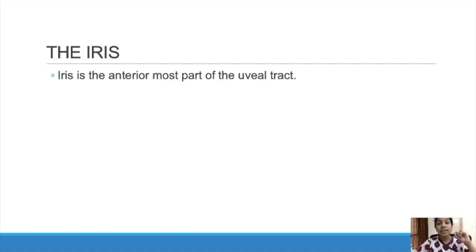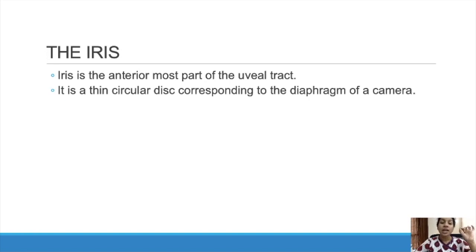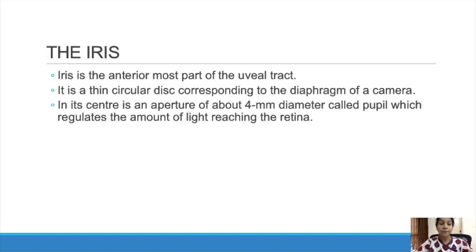The first one is iris. Iris is the anterior most part of the uveal tract, as you saw, right? It is a thin circular disc corresponding to the diaphragm of a camera. The picture shows a cut section. If you see a 3D image, you will understand this is a thin circular disc corresponding to the diaphragm of a camera, and in its center is an aperture.